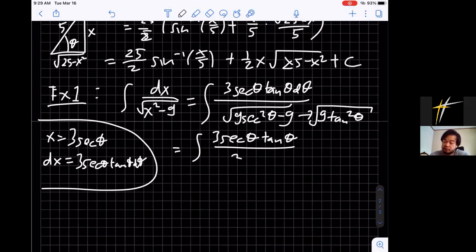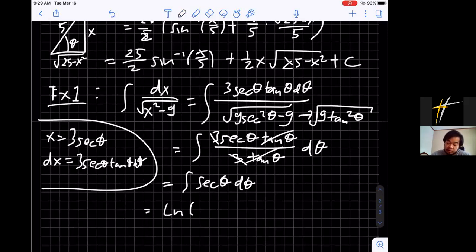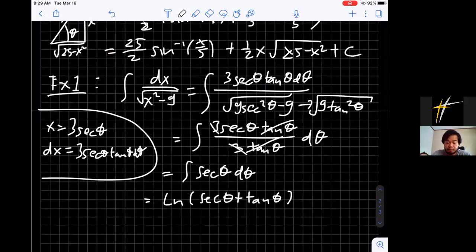So actually it's equal to 3 tangent theta d theta. Okay. So if I cancel, the result is equal to the integral of secant theta d theta. And you know the integral of secant theta is equal to ln of secant theta plus tangent theta. And then put it back.